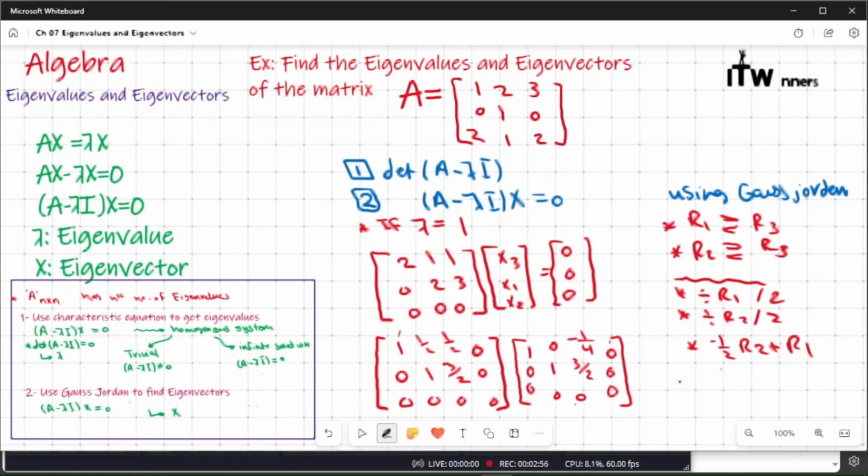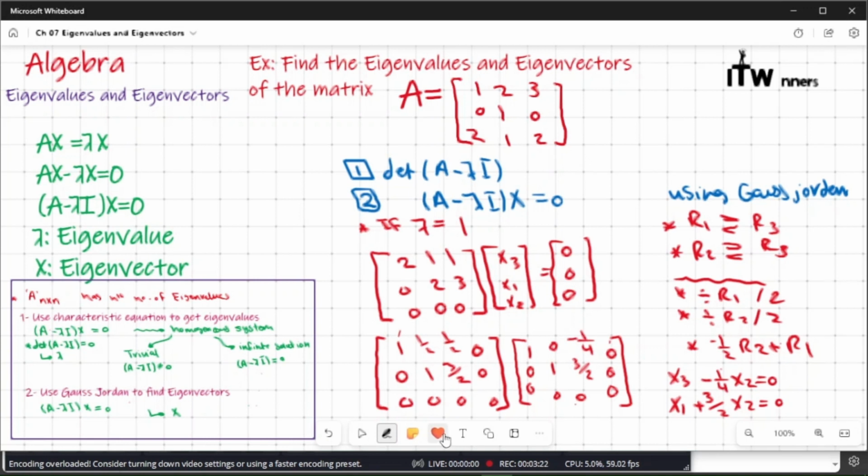Let me write that here: x3 minus quarter of x2 will be 0, and x1 plus 3 half x2 will be 0.